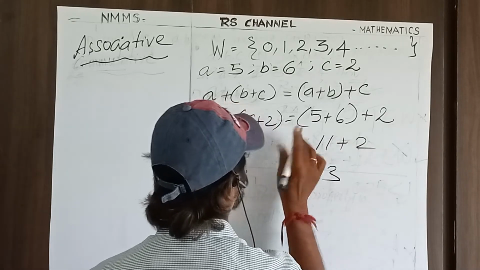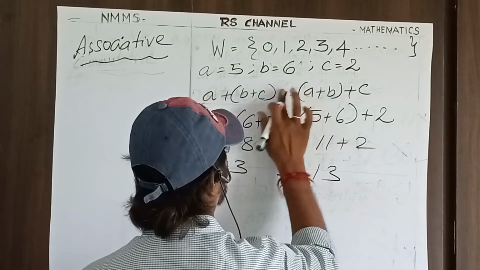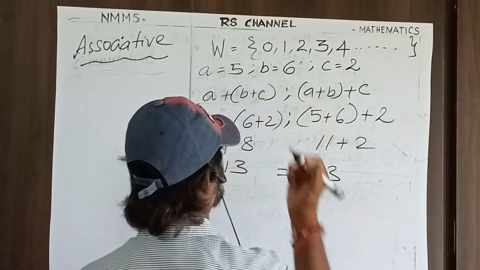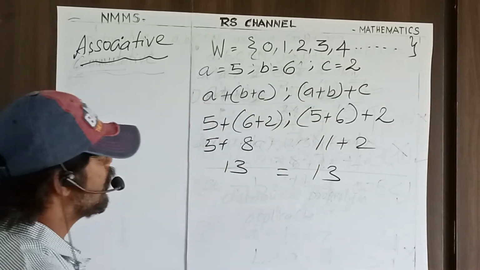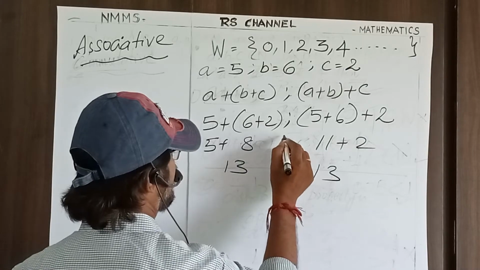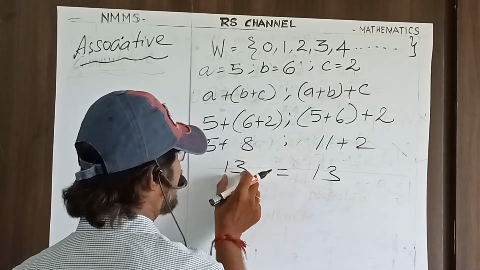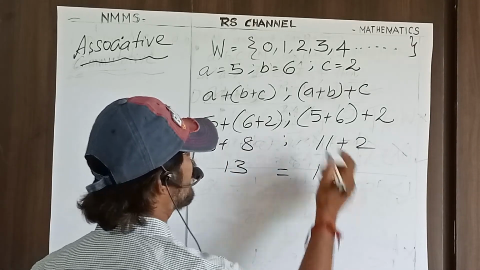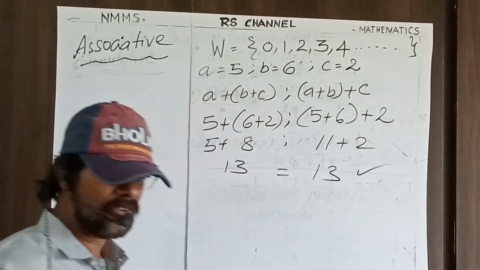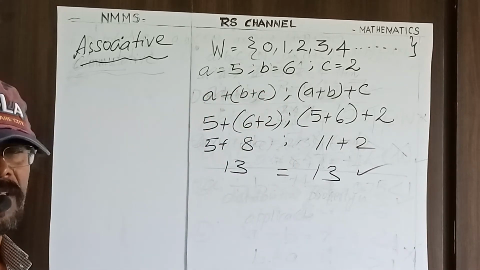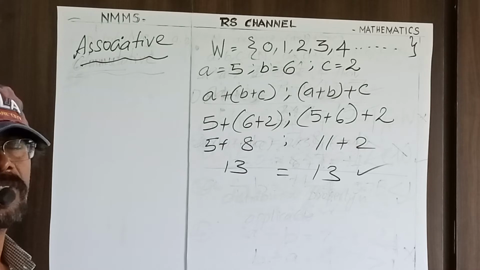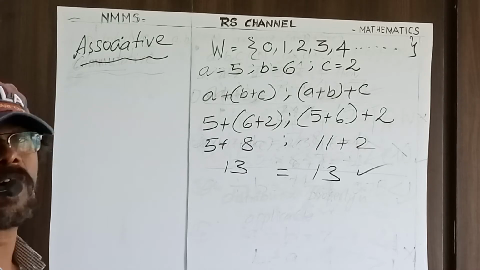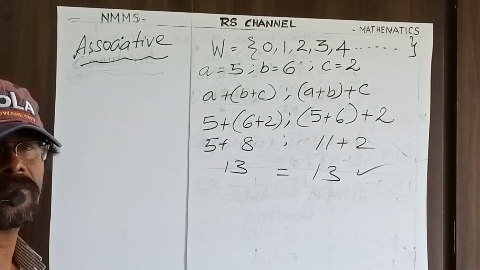So both are equal. So this is 13, this is 13. Both are equal, so it is associative. Whole numbers are associative under the operation addition.